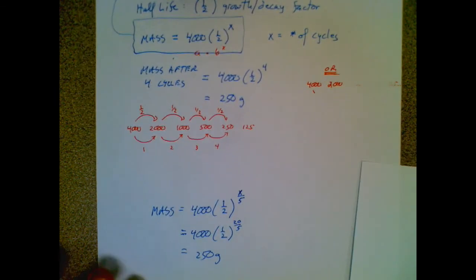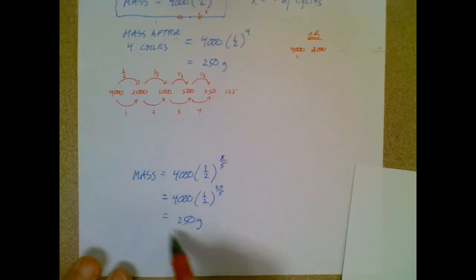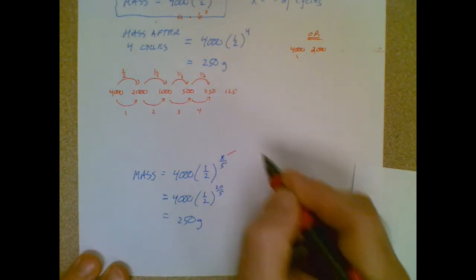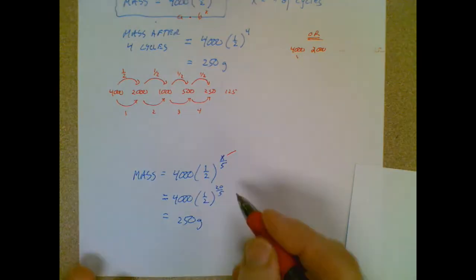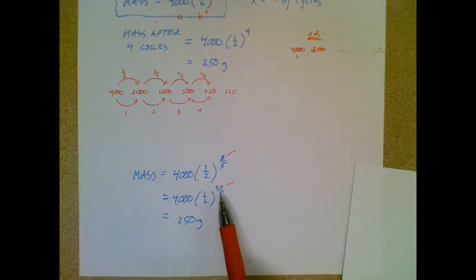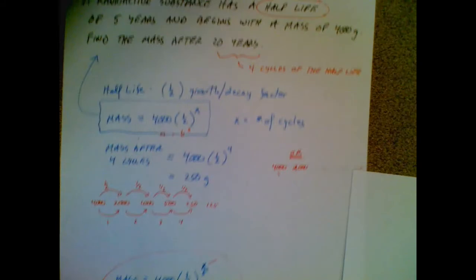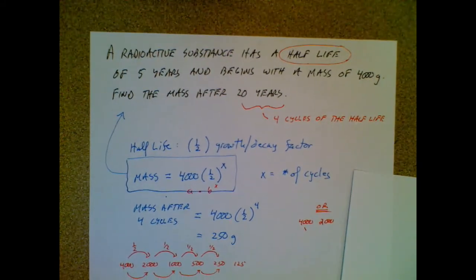Your science teachers may also have a separate formula that looks like this, where x would represent the number of years, in this case 20 years, divided by 5 years per half-life, divided by 5, and this would still end up giving you 250. If you're used to that and understand it and like it, that's totally fine. If you prefer this method, that's totally fine as well.